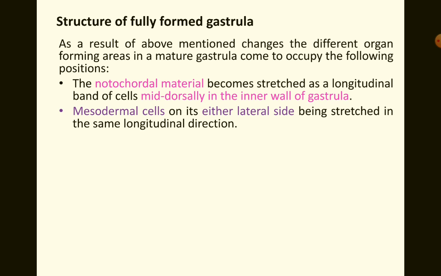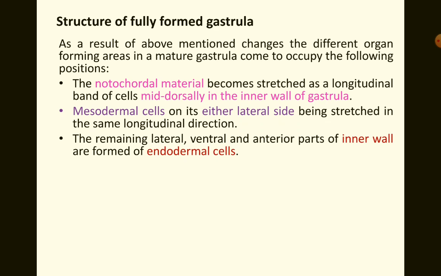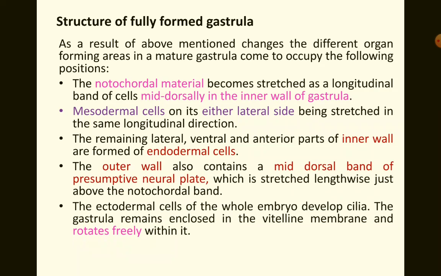The notochordal material, meaning the blastomeres which are giving rise to the notochord, become stretched as a longitudinal band of cells mid-dorsally in the inner wall of the gastrula, with the mesodermal cells on either lateral side being stretched in the same longitudinal direction, and the remaining ventral, lateral and anterior parts of the inner wall are formed by the endodermal cells.